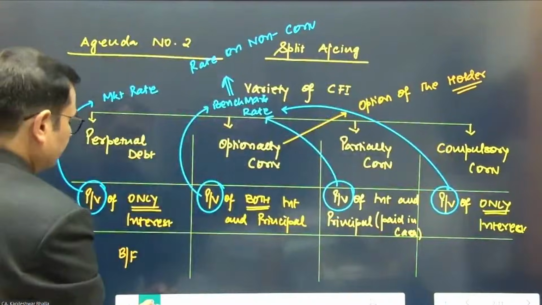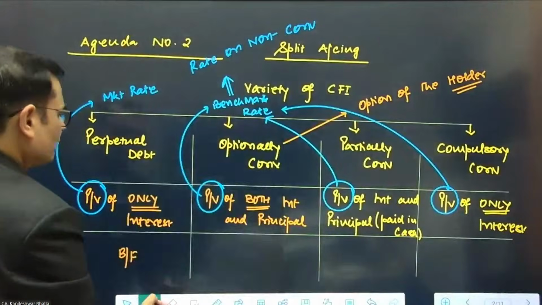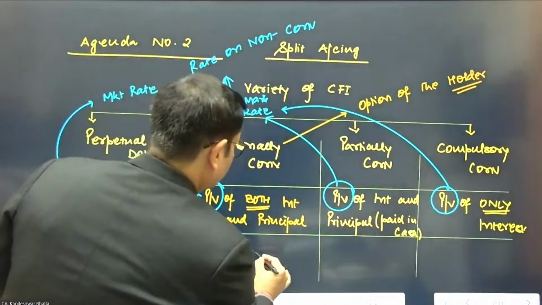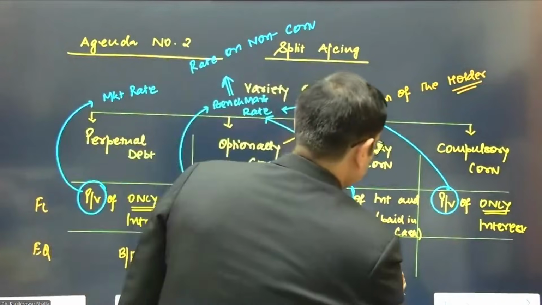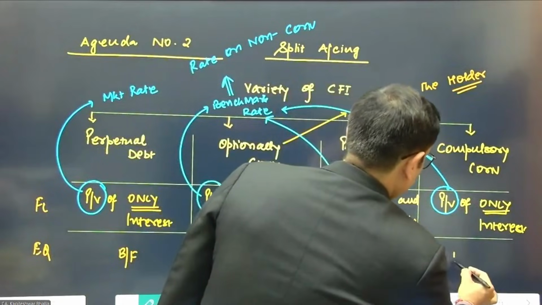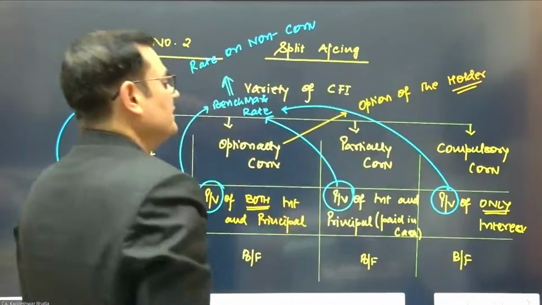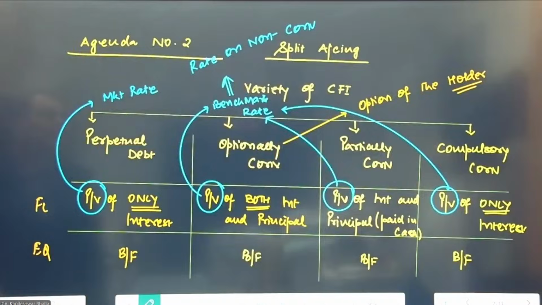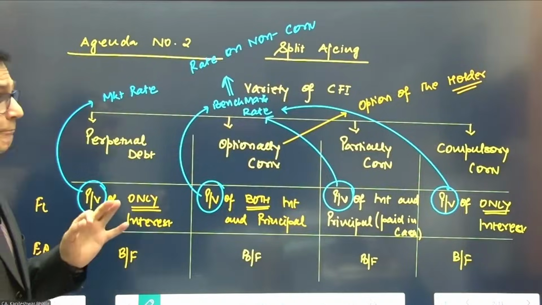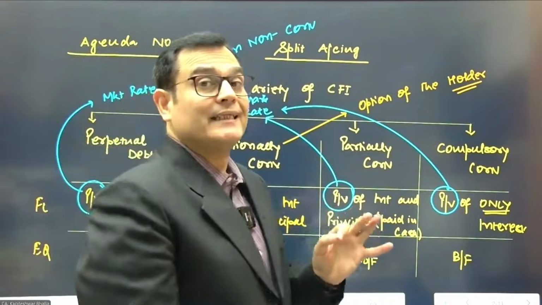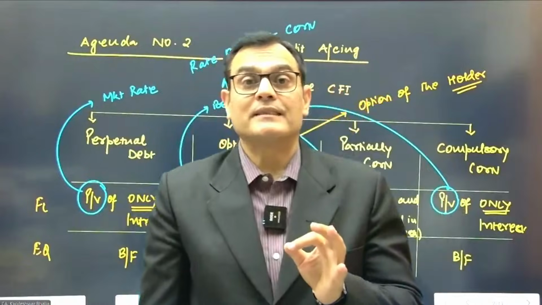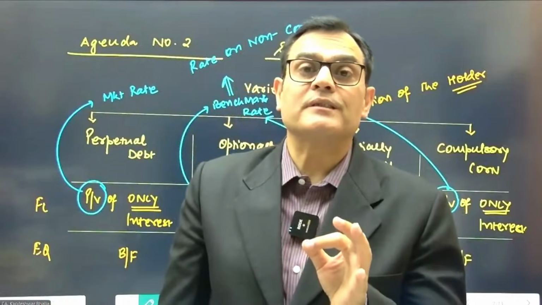And then comes the element as far as equity is concerned. Of course, the equity becomes a balancing figure in all these cases. But what we need to now consider is what happens to this equity at the end. I want to understand what happens to this equity.